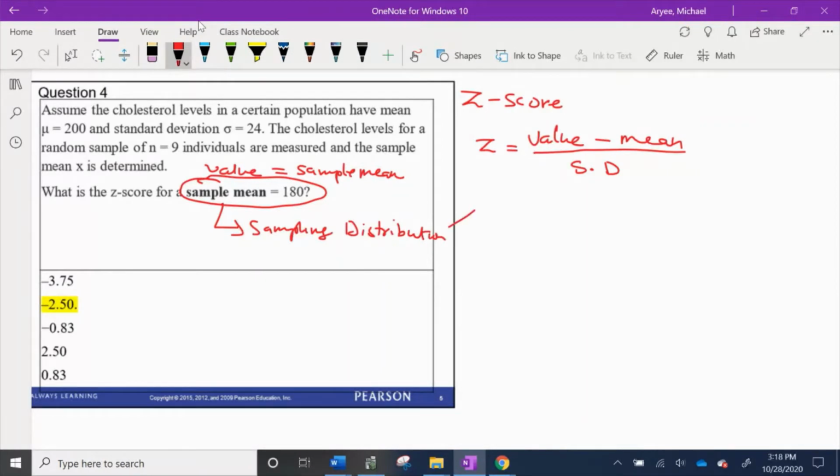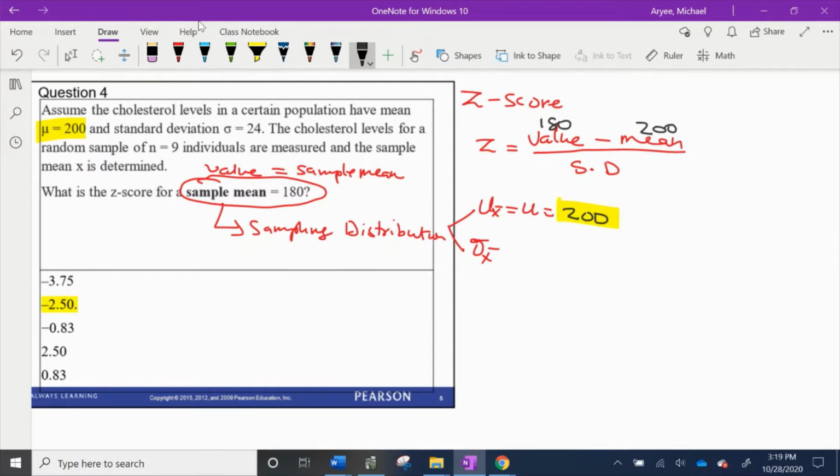Remember when we learned the sampling distribution, we have x bar, and we have sigma x bar. Mu x bar we said is mu. So in this case, the mu x bar happened to be the mu, so the mean is 200. Now the value is 180, that's a sample mean.